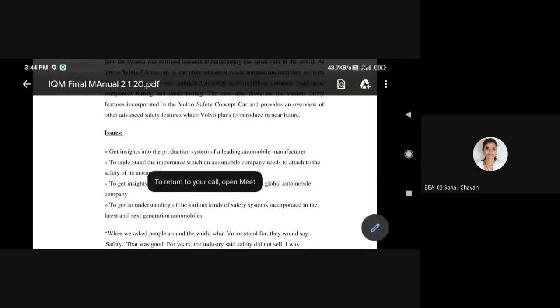Now, whatever the insights of that particular industry or product, we have to find out to understand the importance which an automobile company needs to attach to the safety of its automobile. Basically, the safety factor. So they have started the survey from these safety factors. They are asking questions related to safety.